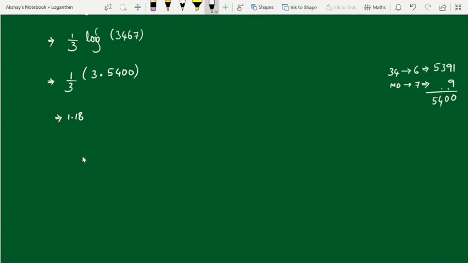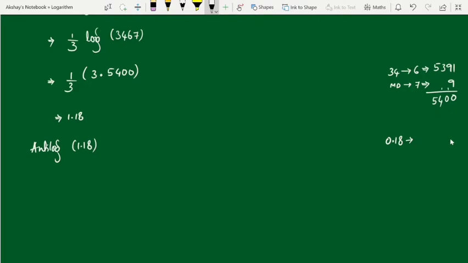Next step, we have to calculate the anti-logarithm. So the anti-logarithm of 1.18, can you just calculate? Are you getting it or not? So the anti-log of 1.18: in the anti-log table, search for 0.18.